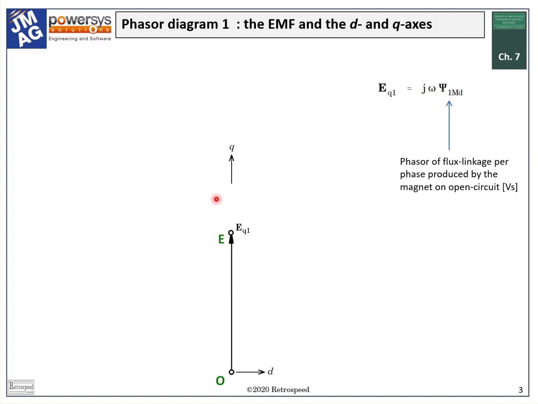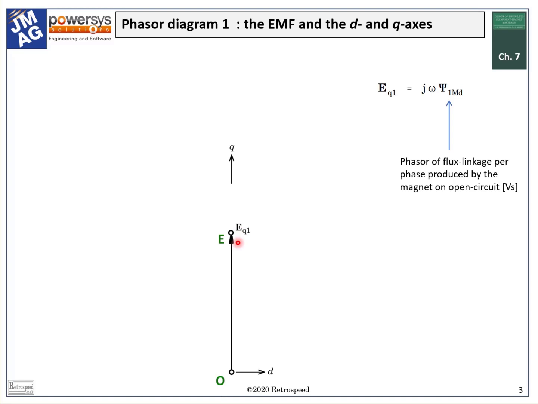We've labeled it OE here, while the mathematical symbol follows the Green Book, boldface E subscript Q1. The boldface type denotes a complex number in time-honored tradition.